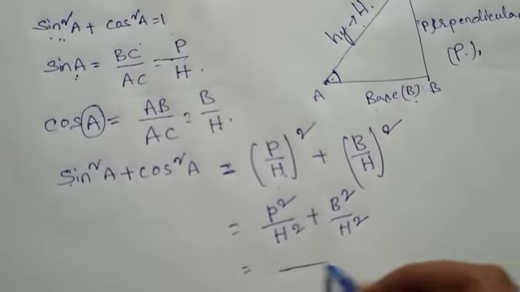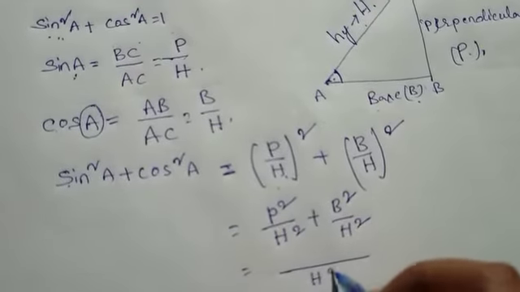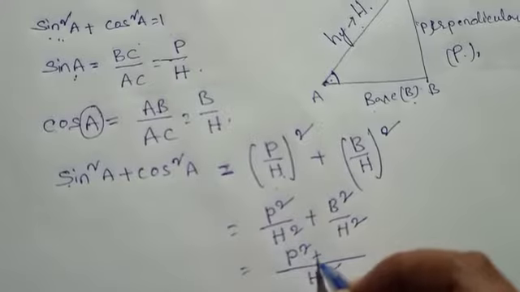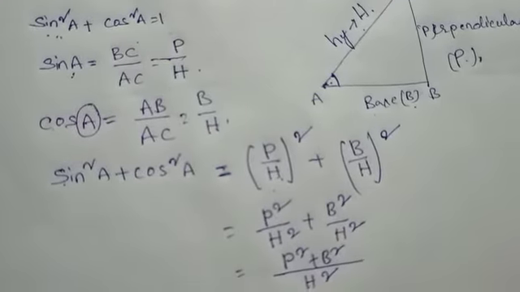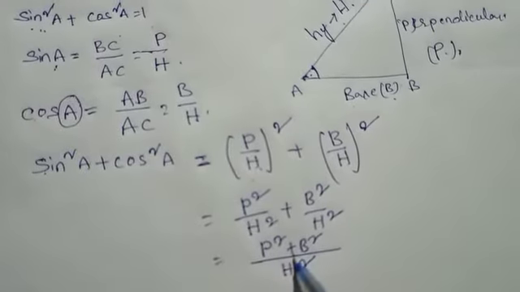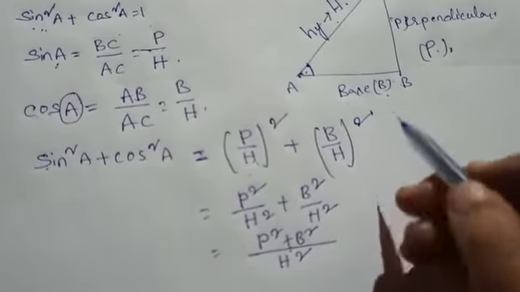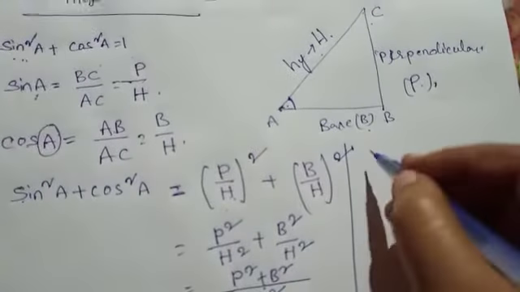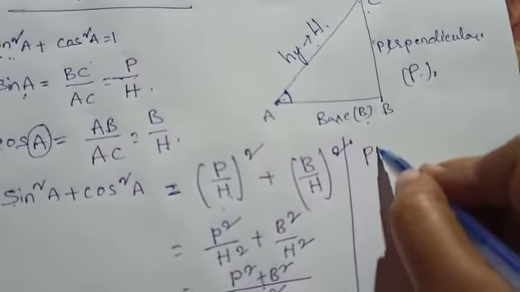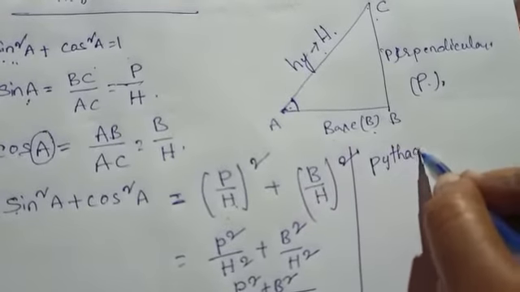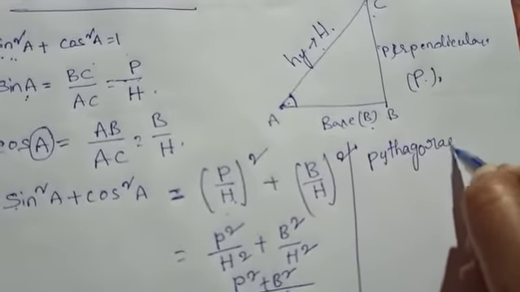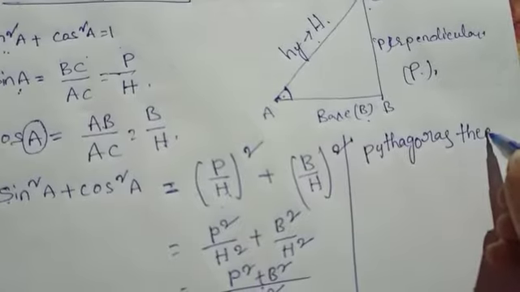Take LCM, H square: P square plus B square over H square. So here we use the Pythagoras theorem.